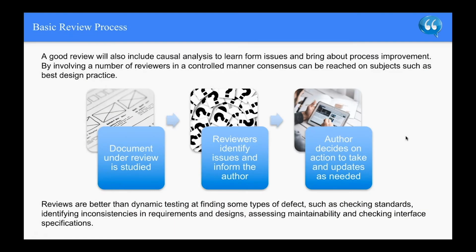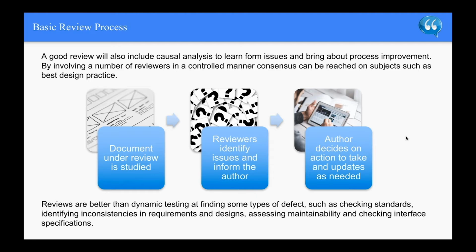Now that you have an idea what you're looking for in a review, this is the basic review process. A good review will also include causal analysis to learn from issues and bring out process improvement. By involving a number of reviewers in a controlled manner, consensus can be reached on subjects such as best design practice. In this chart, a document under review is studied.